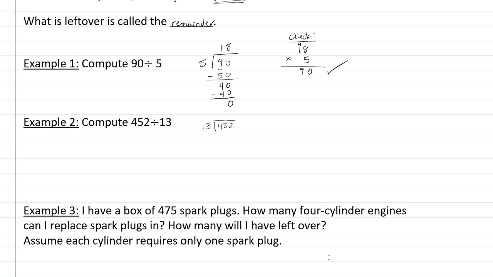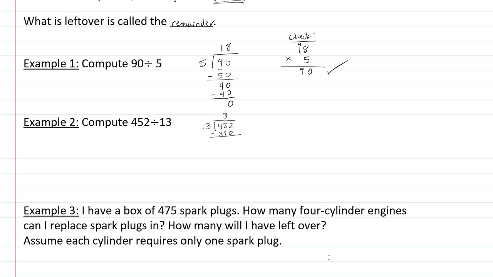How many times does 13 go into 45? Well, 13 times 2 is 26. 13 times 3 is 39. 39 is probably the largest we're going to get. So we can have 3 of these enter 45. We write 39 under there, and a 0 as a placeholder, and we subtract.